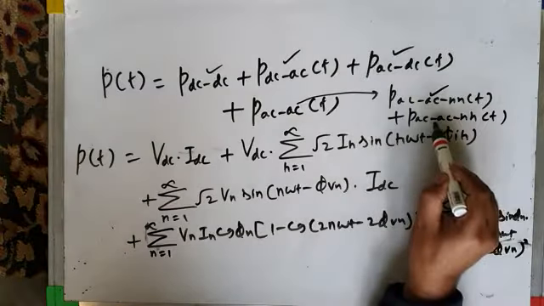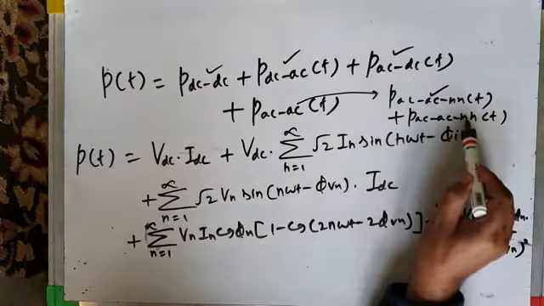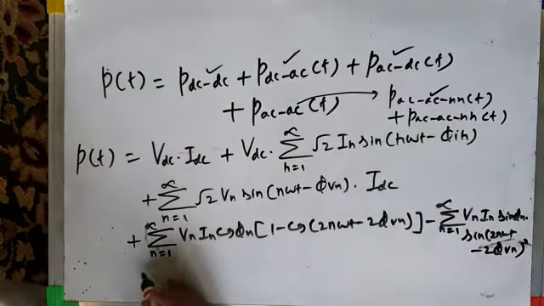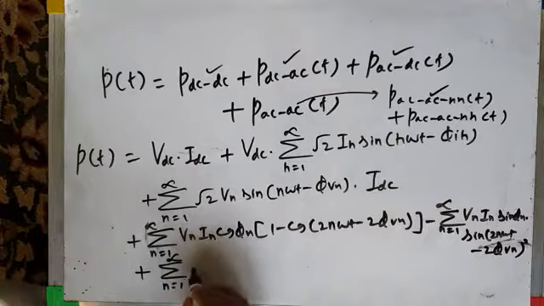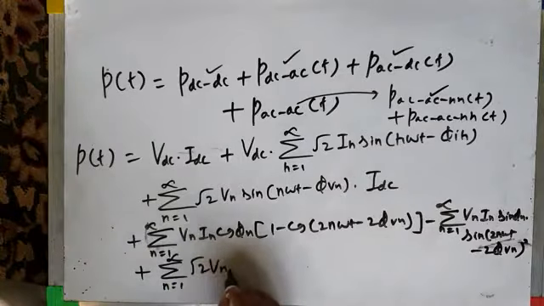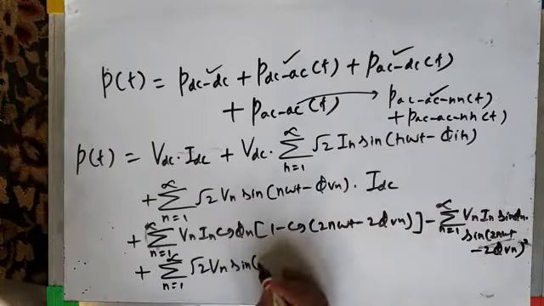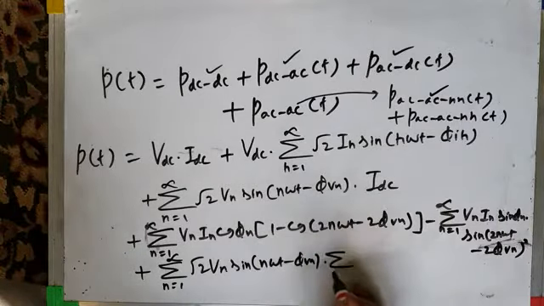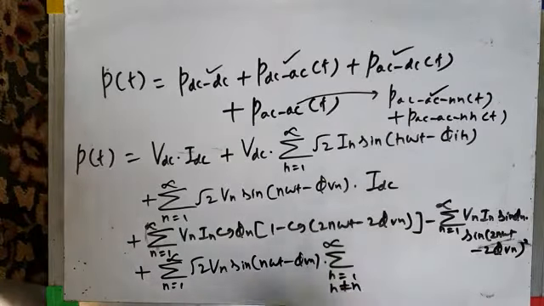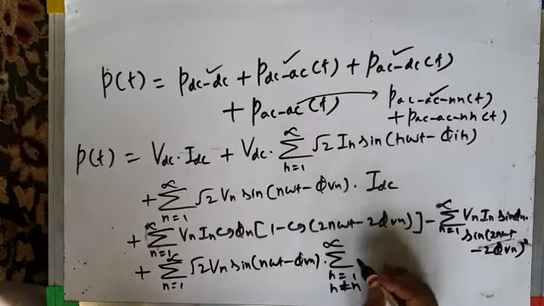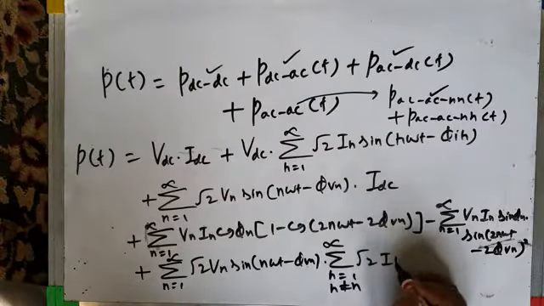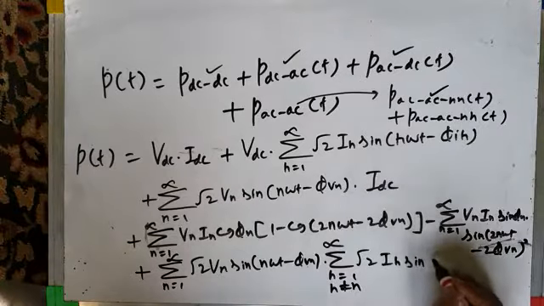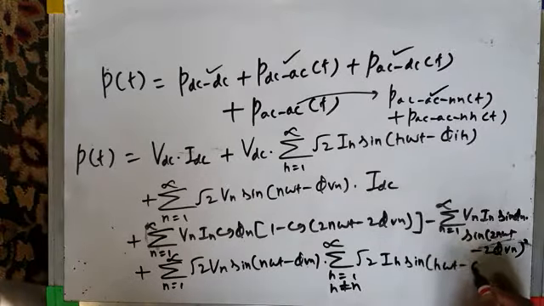Now it has another component which is because of interaction of dissimilar frequency components. That is, if you remember, summation n equal to 1 to infinity root 2 Vn sine of n omega t minus phi Vn into current, h equal to 1 to infinity, h not equal to n, dissimilar components, root 2 In ih sine of h omega t minus phi ih.